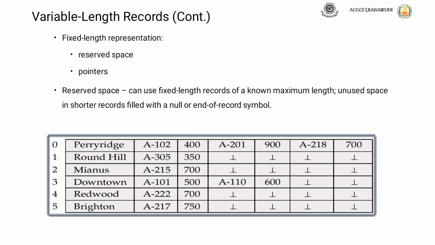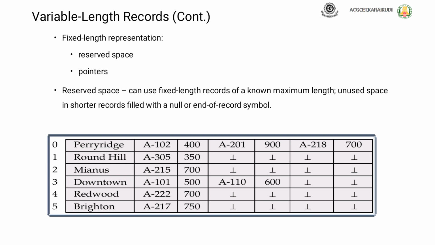The reserved space method is useful when most records have a length close to the maximum. Otherwise, a significant amount of space may be wasted. The next one is list representation, or pointer representation. We can represent a variable length record by a list of fixed length records chained together by pointers.